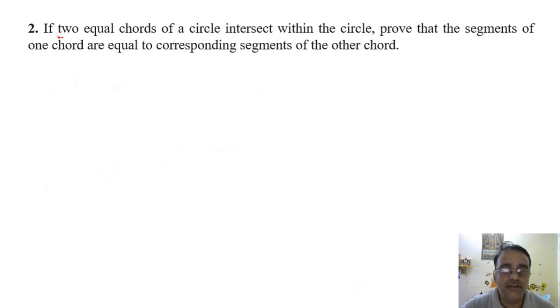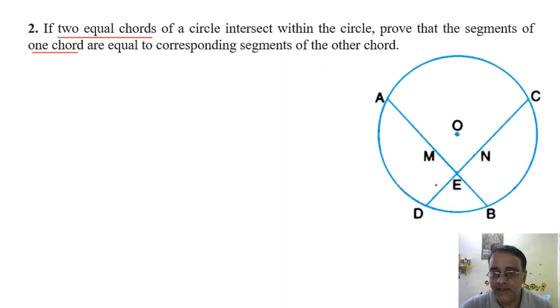If two equal chords of a circle intersect within the circle, prove that the segments of one chord are equal to corresponding segments of the other chord. अब ये segment क्या है देख लो. See, AB and CD are two equal chords, and they are intersecting at point E, right? So E point जो है वो AB line segment को दो पार्ट में डिवाइड कर रहा है. कौन कौन सा? एक AE और एक BE, right?